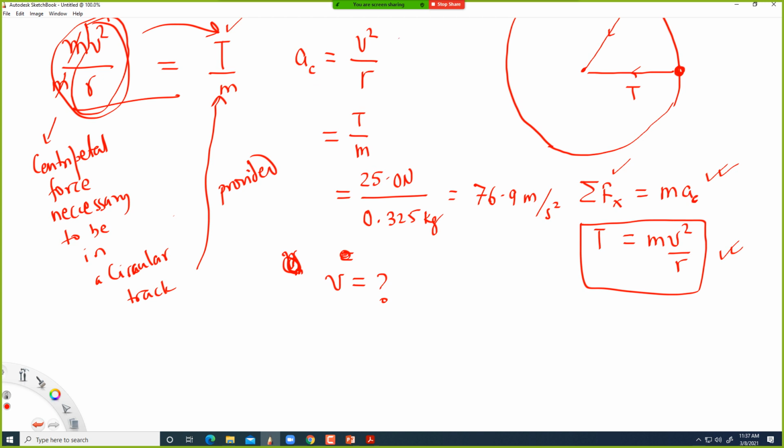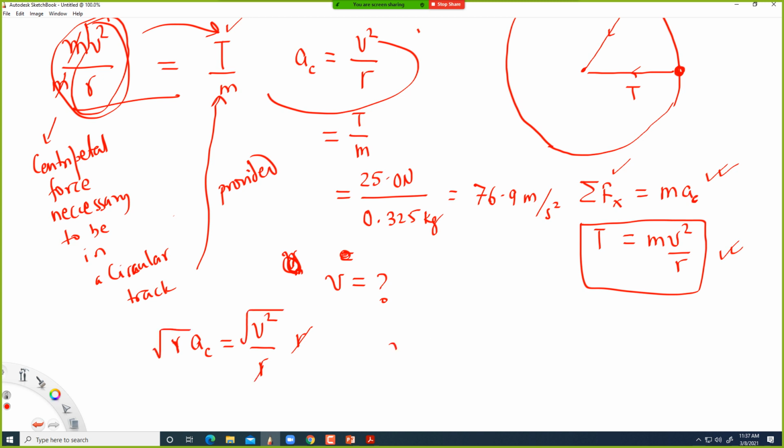We have this equation: a_c is equal to v squared over r. So in order to find v, what should I do? Just rearrange the terms. Yeah, multiply both sides by r, cancel r and r, and then take the square root on both sides.